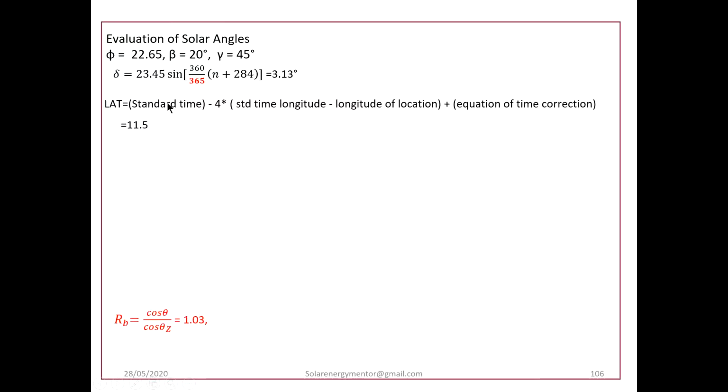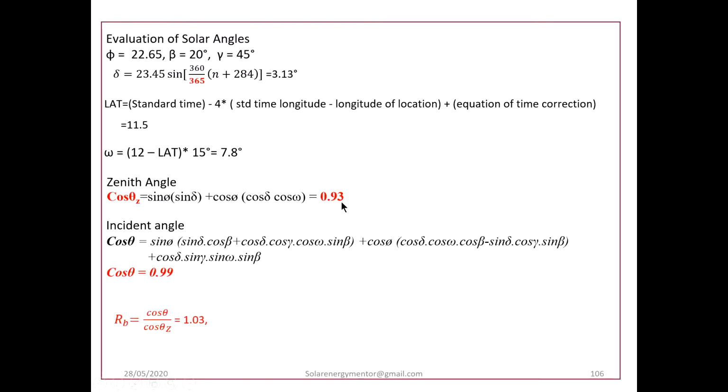Local apparent time corresponding to 11 hours IST comes out to be 11.5. From local apparent time, the hour angle is calculated using this expression, and comes out to be 7.8 degrees. So with this data, we can calculate the zenith angle. So cos theta z comes out to be 0.93.